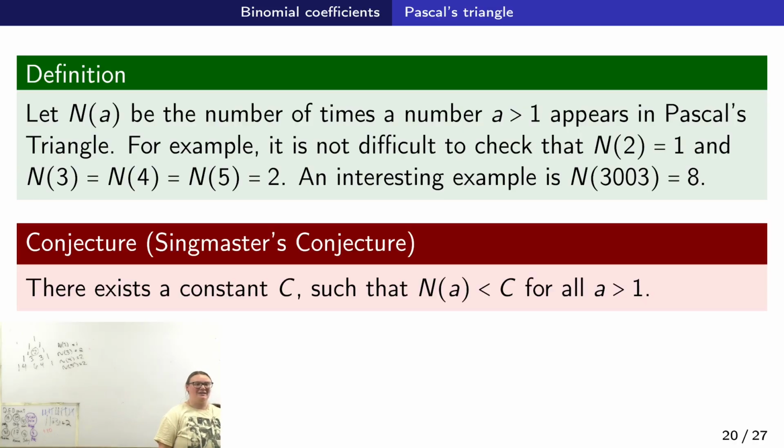We don't know that for sure. That's what I'm doing at my day job. Crazy. Okay, but I have some other fun facts about Singmaster's conjecture. So a fun fact, all odds appear twice. So that's cool. You actually mentioned that earlier, I think.